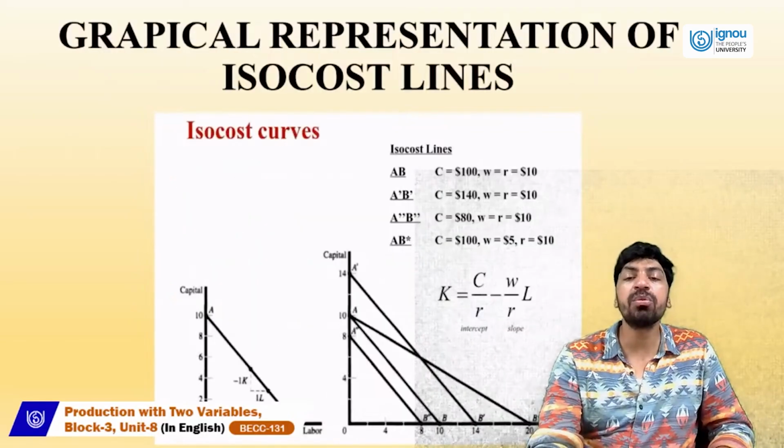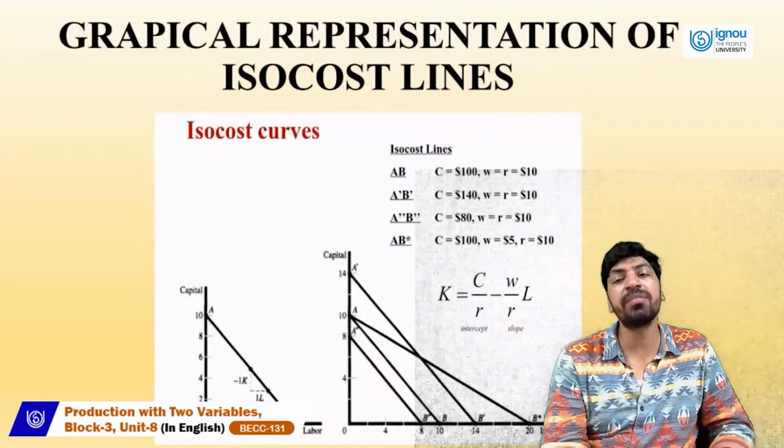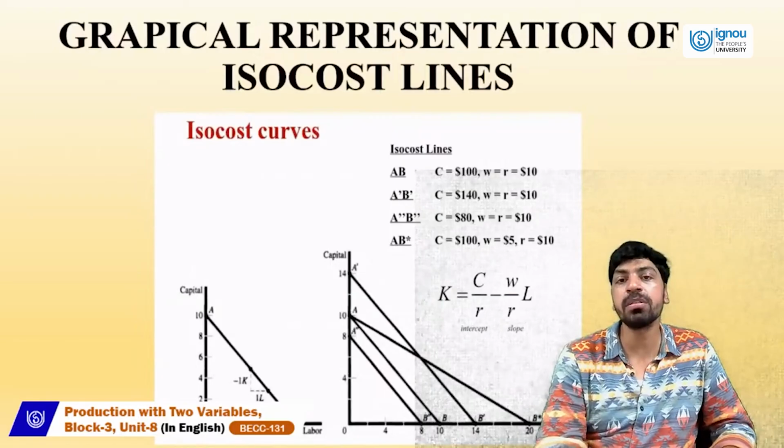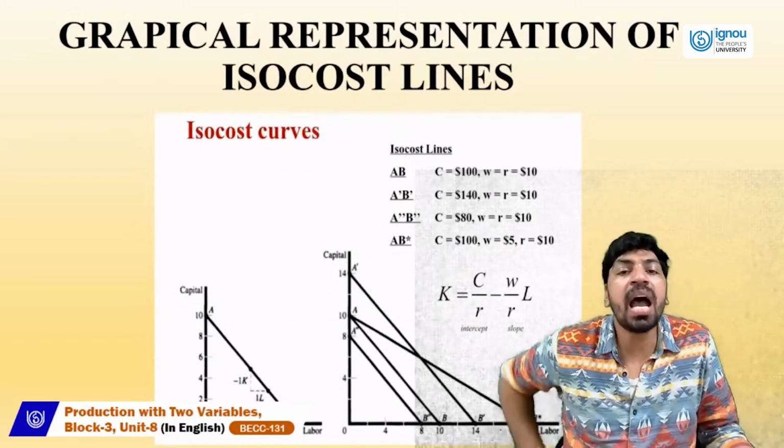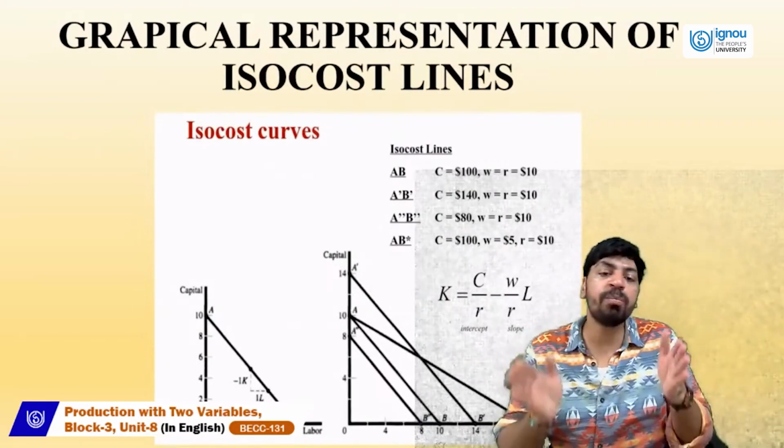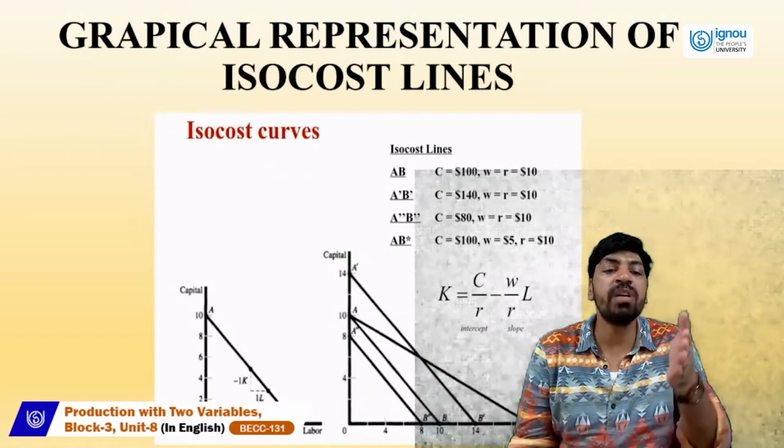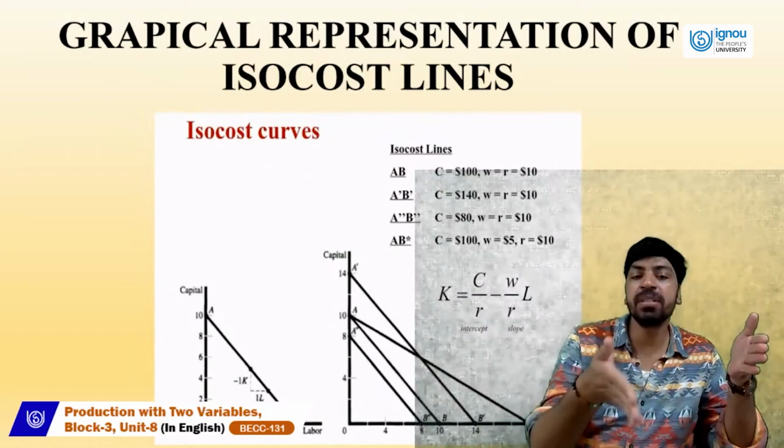But how is it shown graphically? This is the graphical representation of the isocost lines. If you look at the isocost curves, there are two main curves drawn, called perfect substitutes.